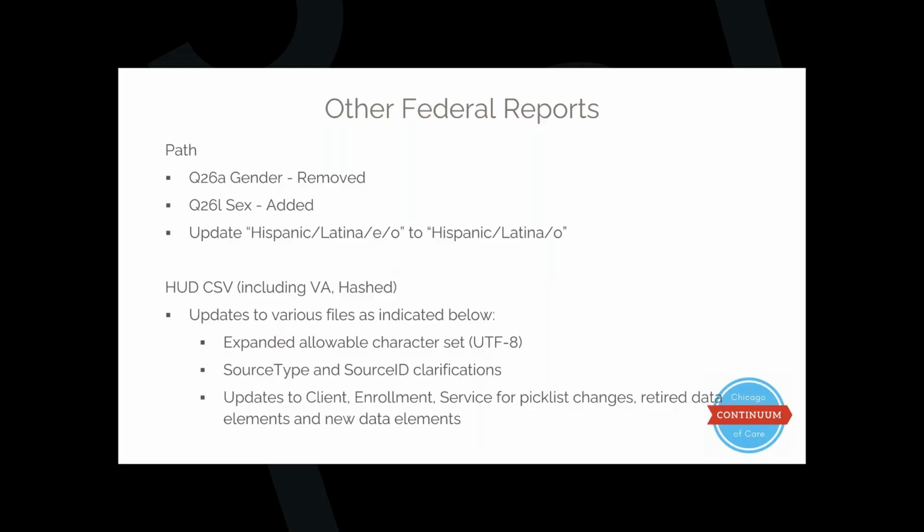A lot of this you're not going to be able to see, but they're expanding the allowable character set for these reports to UTF-8, along with source type and source ID clarifications, and updates to the client enrollment service for pick list changes, retired data elements, and new data elements. That just means that the data elements we just talked through, any that are being retired or added, are also going to be retired and added in the HUD CSV file.